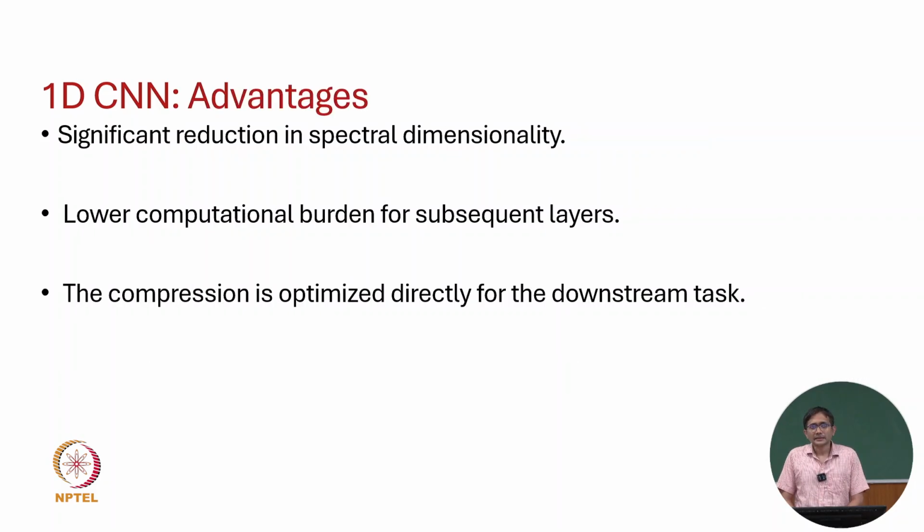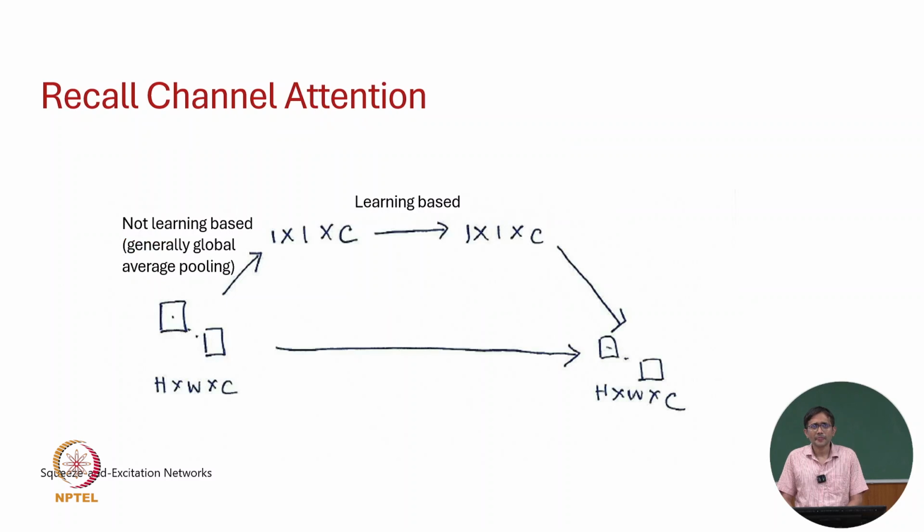And as I have already mentioned, the compression is optimized directly for the downstream task. So this is the advantage of using the 1D CNN.